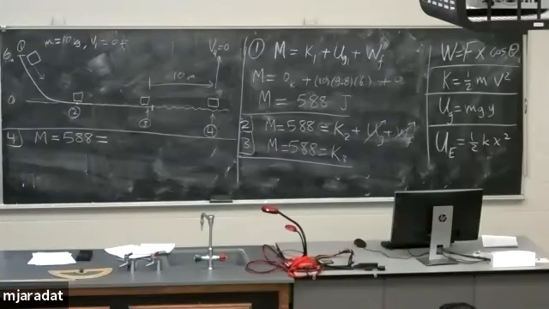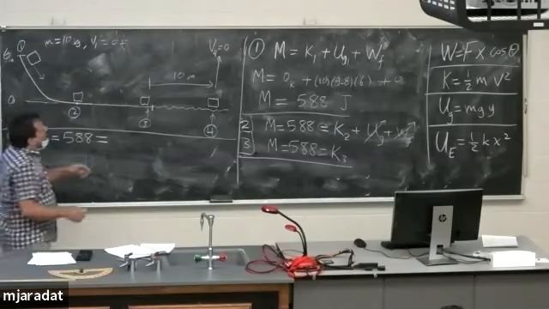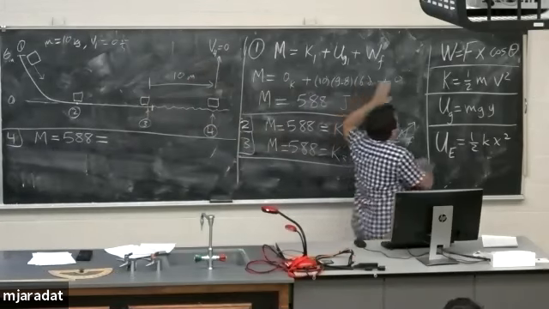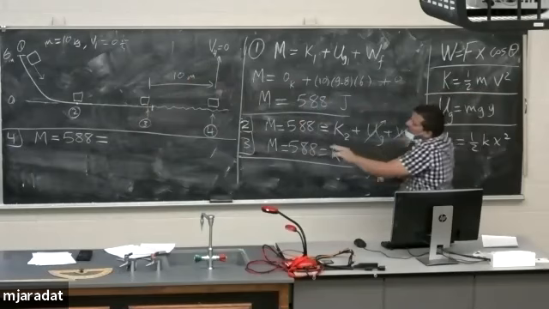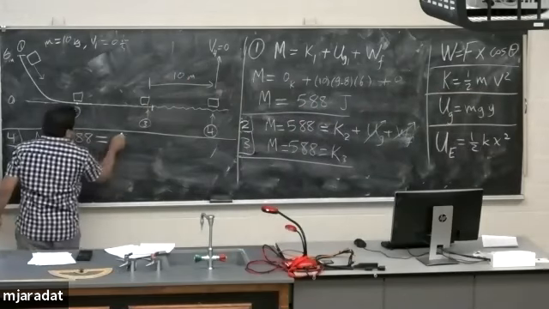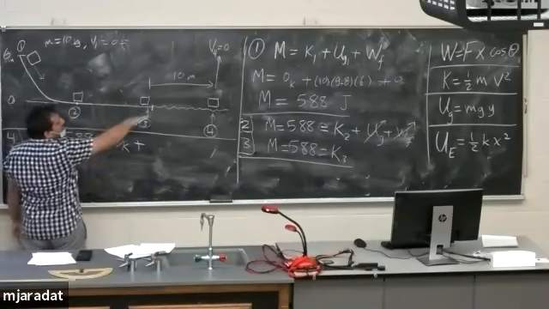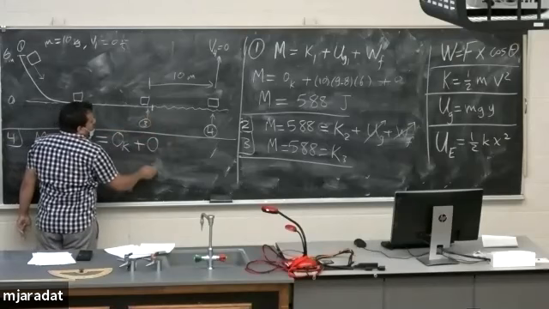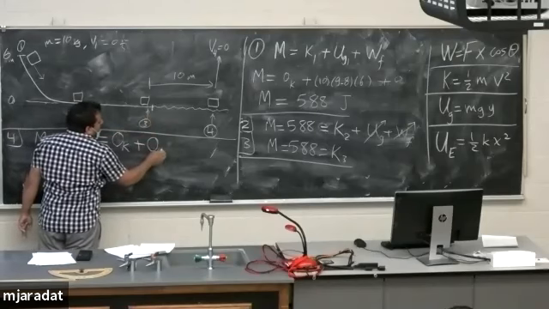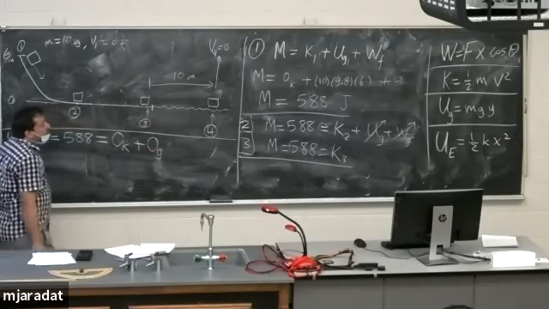How much is the kinetic energy at point number 4? Look at the velocity there. The velocity is zero. So the kinetic energy will be zero. Plus, how much is the potential energy? It is at altitude zero, so we have zero gravitational potential energy.